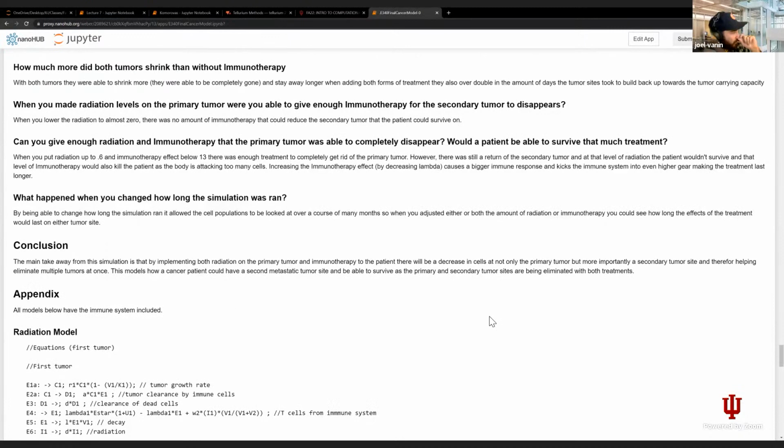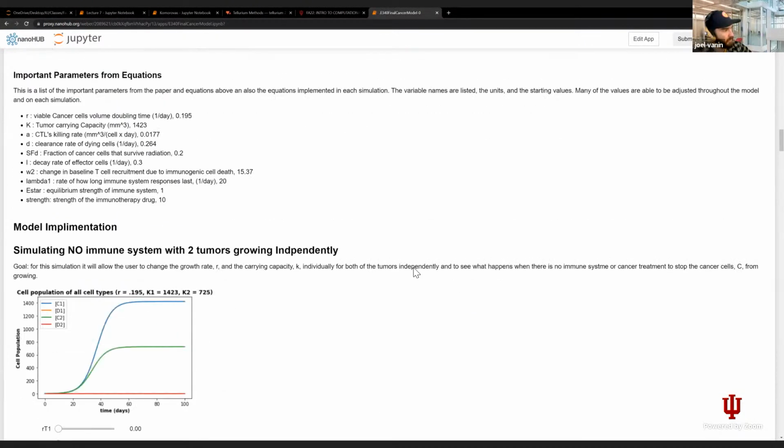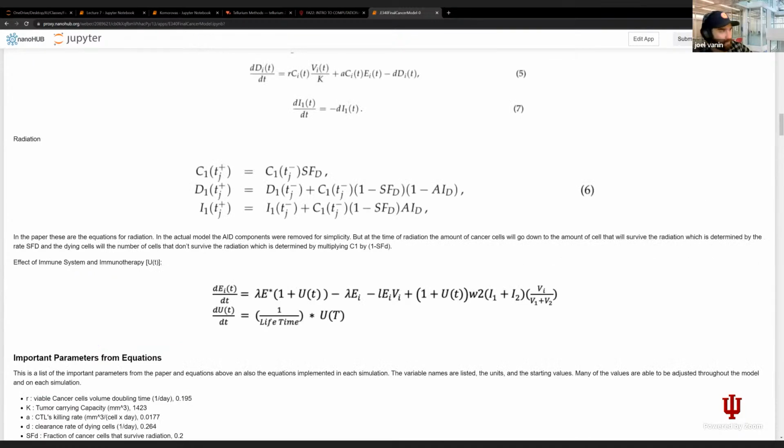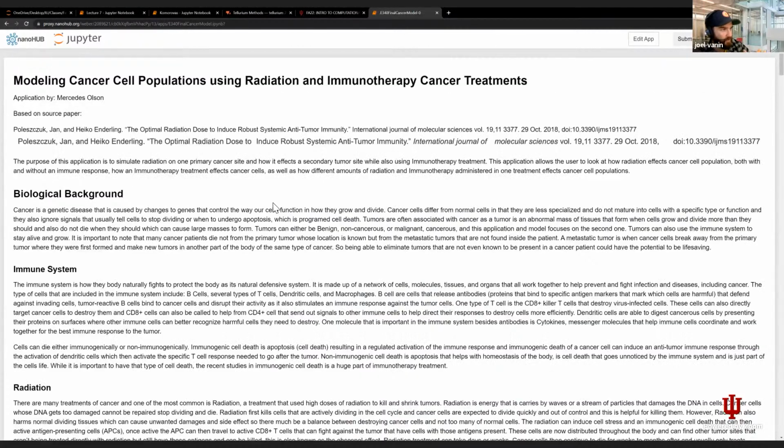So our assigned simulation app was about modeling cancer population using radio and immune therapy for cancer treatment. What this simulation is trying to predict is if when we treat one site of cancer cells, if that can affect a site that we don't know, how that affects a site that we don't know, right?